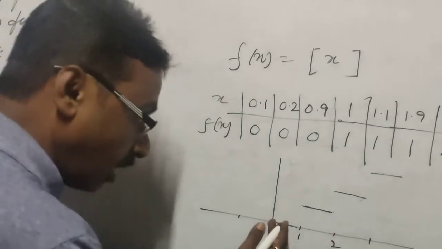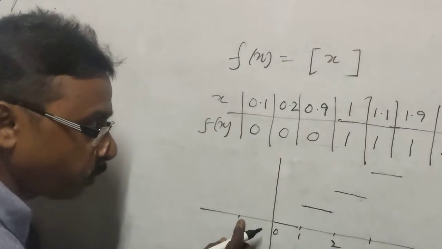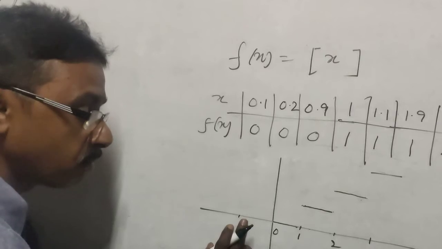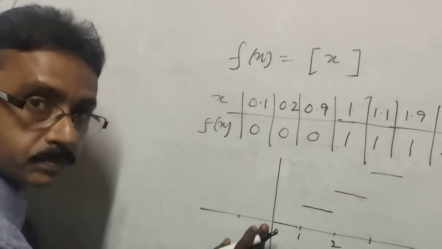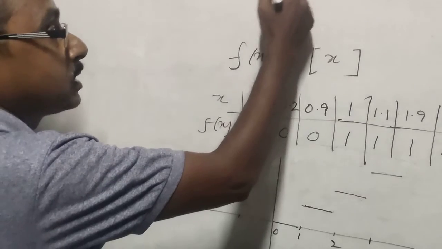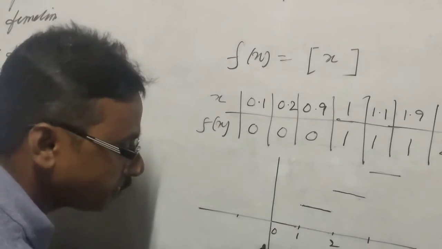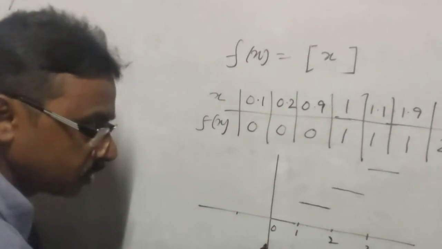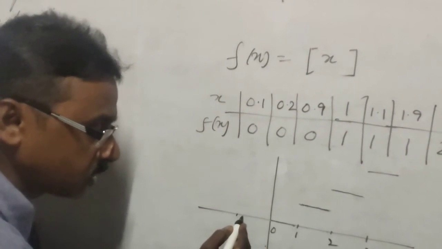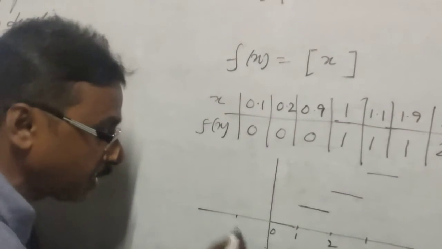Now on this side, suppose I take x is minus 0.1, so the greatest integer which is less than minus 0.1 is what? Minus 1. So it is this. Then minus 0.2, minus 0.9, whatever I am taking, the greatest integer less than it is minus 1 only.